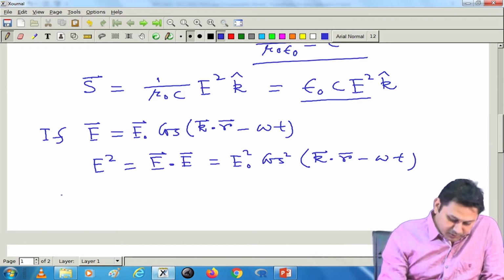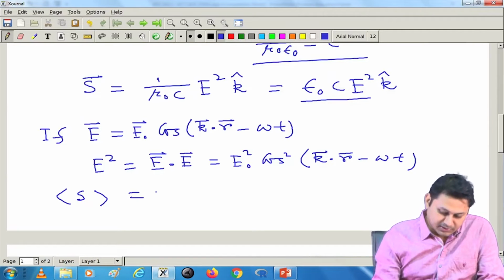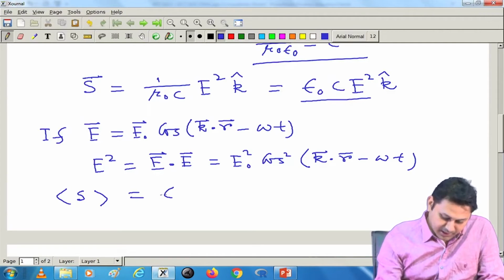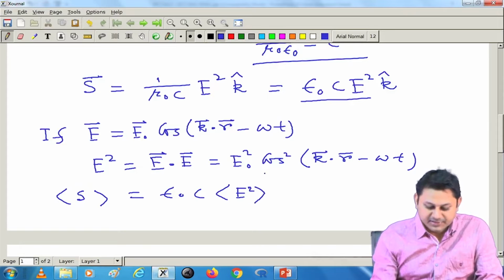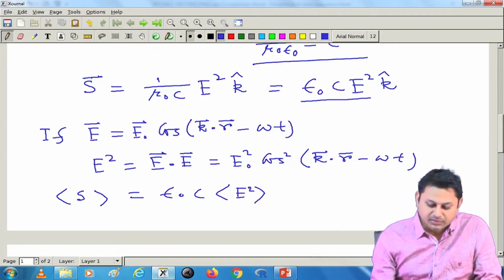Now, if I want to find out the average magnitude of the S, I need to do the averaging on the right hand side as well. So, it should be epsilon 0 C times the average over E square, and E square we know is changing as E0 square cos square (k dot r minus omega t).